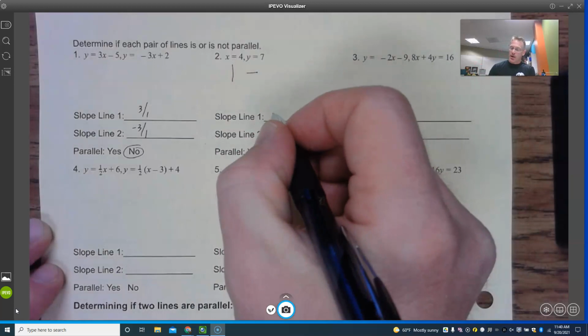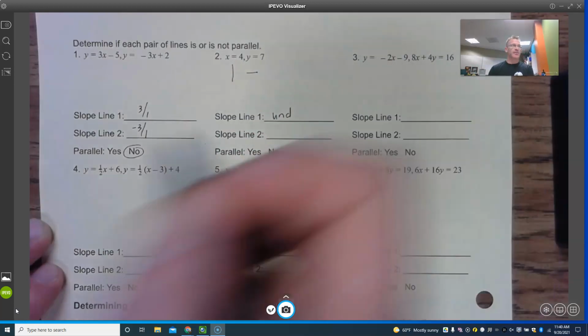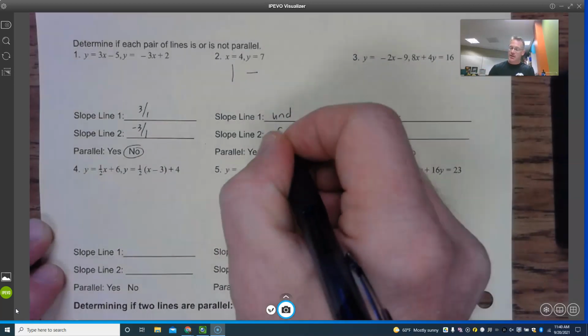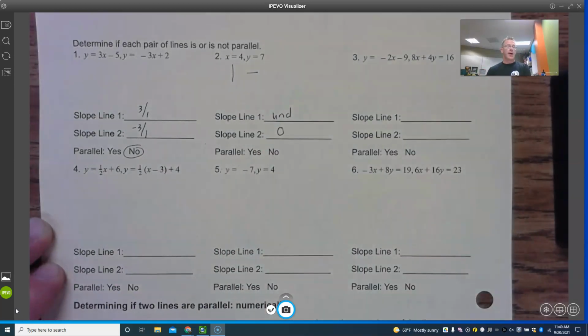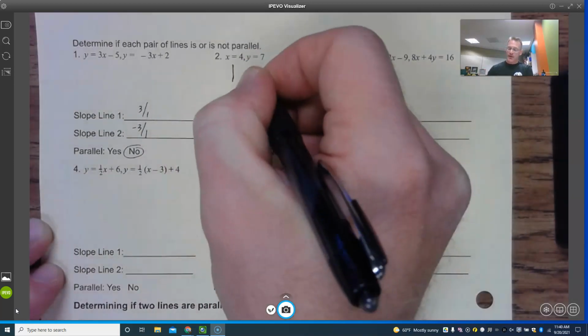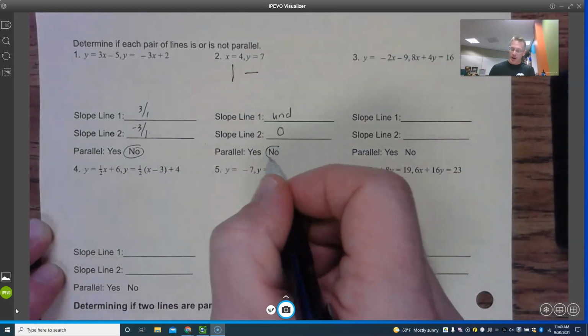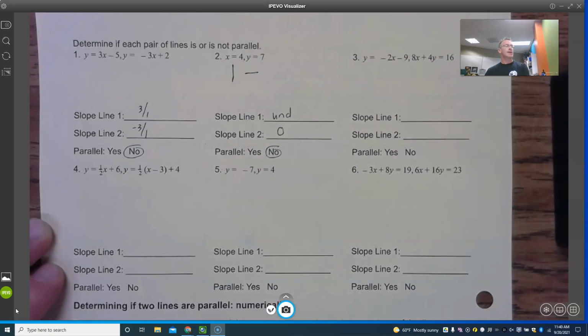But that also means that every vertical line has an undefined slope, and every horizontal line has a slope of 0. So we can kind of sketch that. If I have a horizontal and vertical line, they're eventually going to intersect. So we definitely know that they're not parallel. Having both ideas there to help guide you will make that a lot easier when dealing with horizontal and vertical lines.